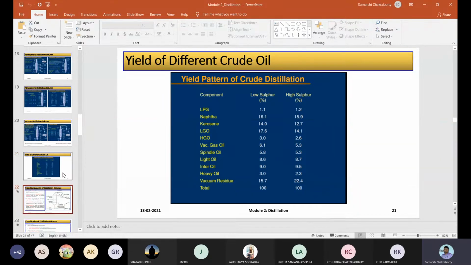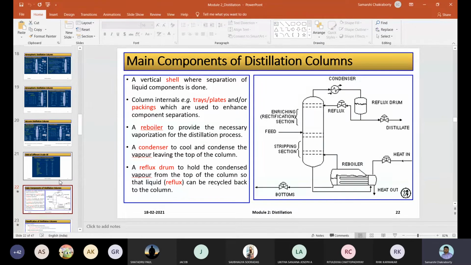Since we are talking so much about the atmospheric distillation column and vacuum distillation column, we also need to understand what the internal structure is, and what the key components of a distillation column are. On the right hand side, you can see the main components present in your distillation column.